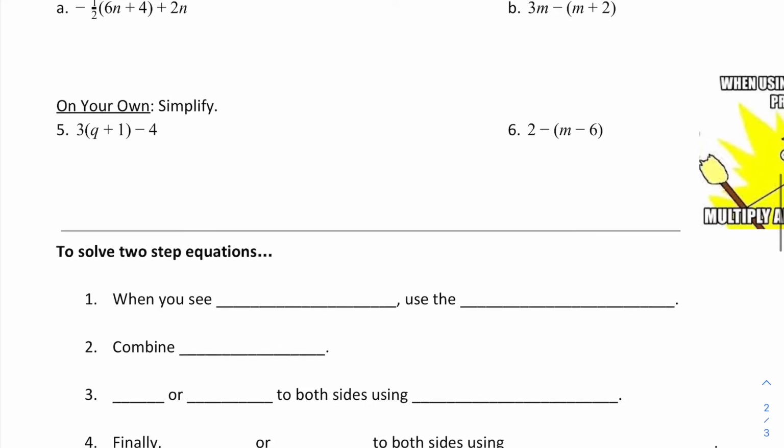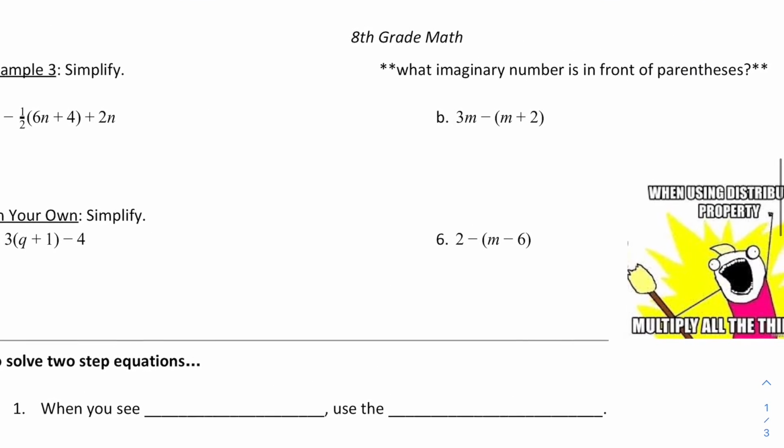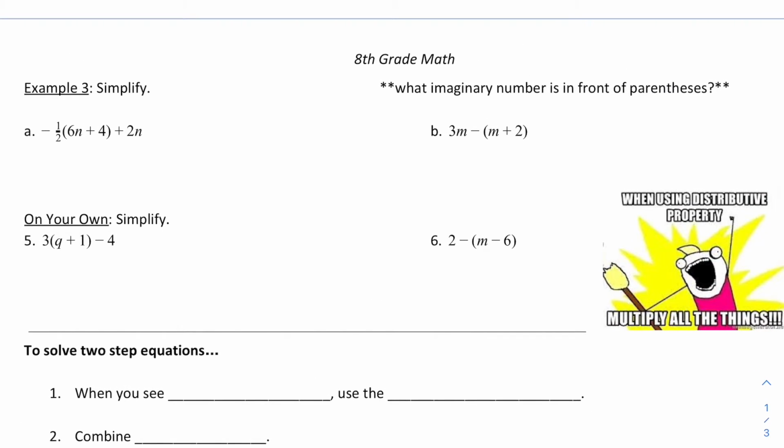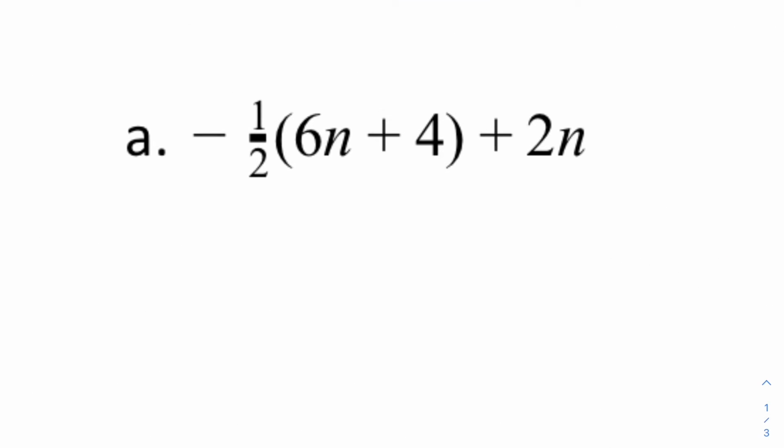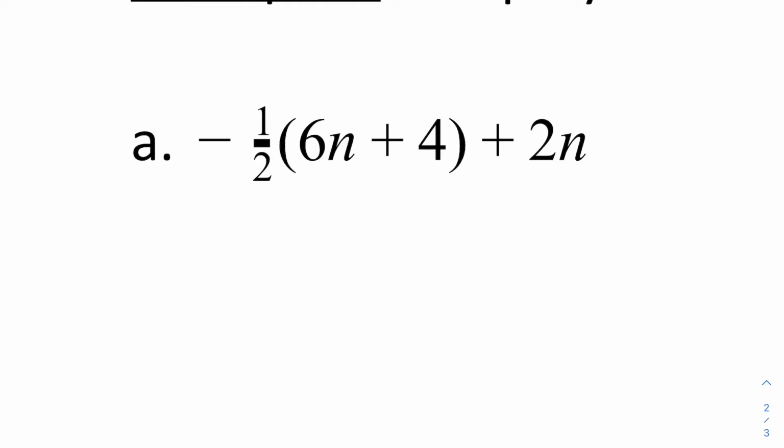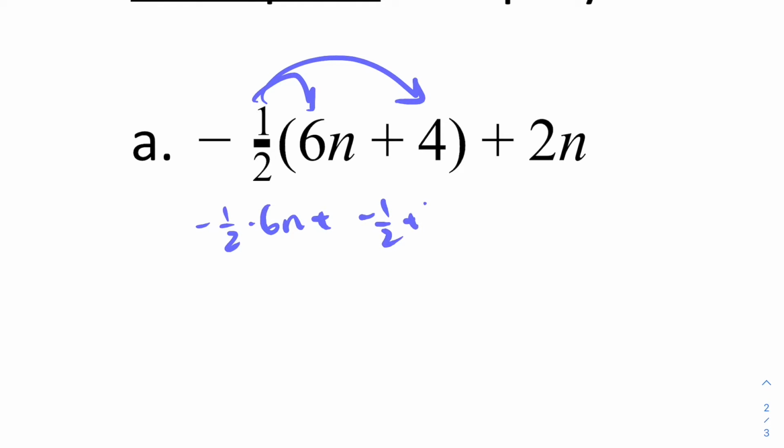Okay, example number 3 is simplify. What imaginary number is in front of the parentheses? Okay, so let's do this first example first. Distribute negative 1/2 times 6n plus negative 1/2 times 4 plus 2n.